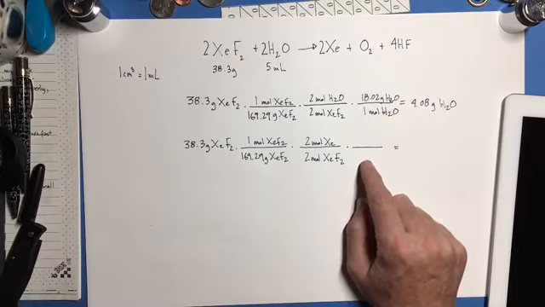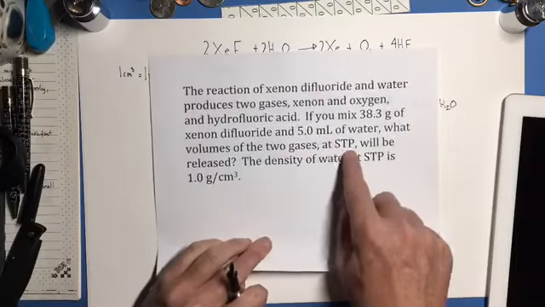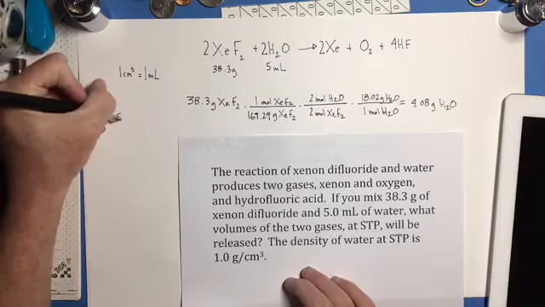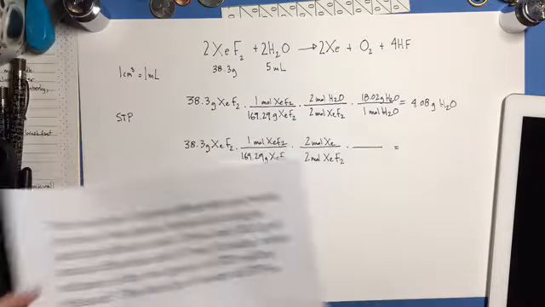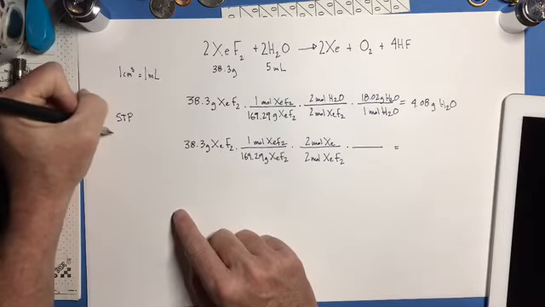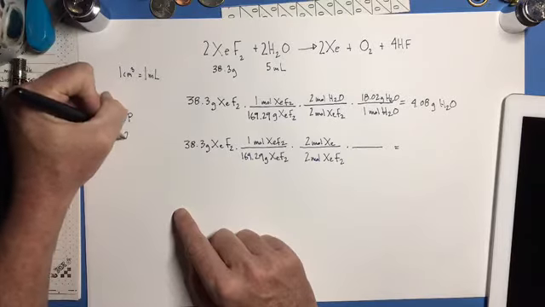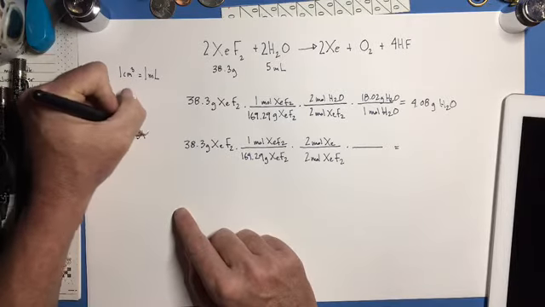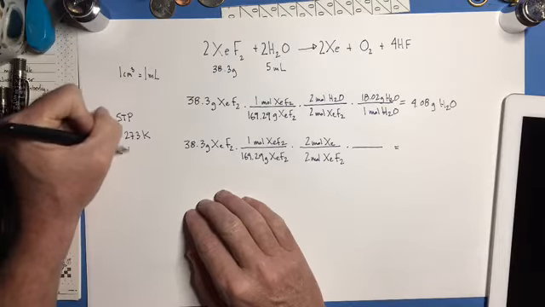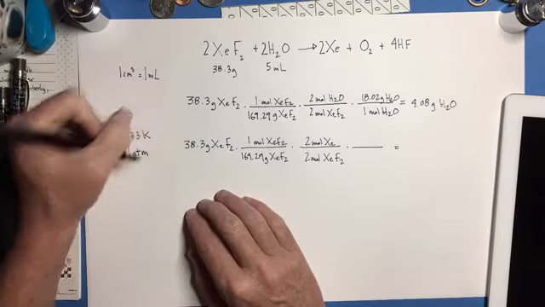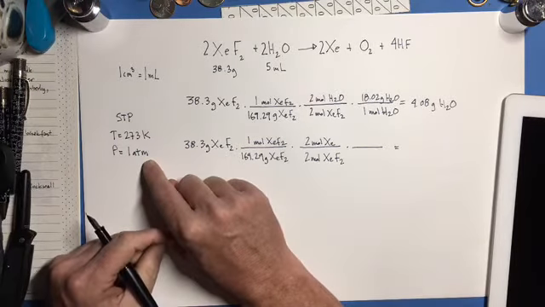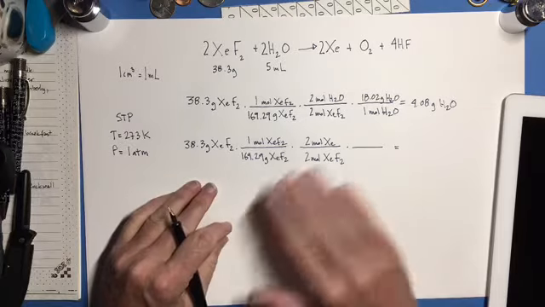Well, it turns out, I stated in the problem that these gases are at STP. STP stands for standard temperature and pressure. At standard temperature and pressure, meaning 273 Kelvin, or 0 degrees Celsius, and pressure of 1 atmosphere, there's something that we can say about all gases.